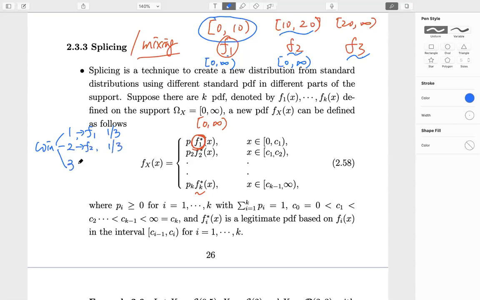If face 3 shows up, I use F3, with probability 1 over 3. So if face 1 of the coin shows up, I use the entire part of F1. If face 2 shows up, I use the entire graph of F2. If face 3 shows up, I use the entire part of F3. That is mixing.